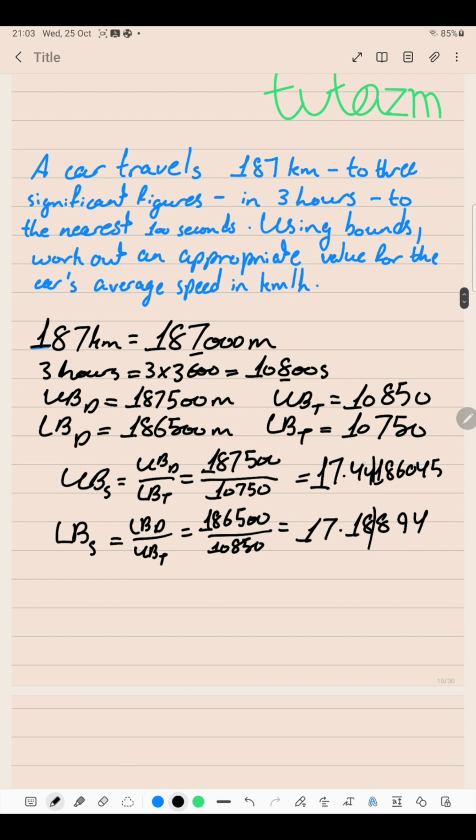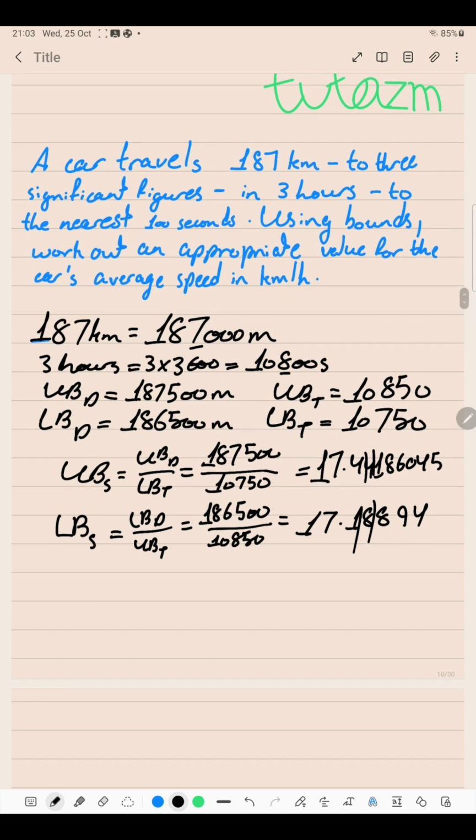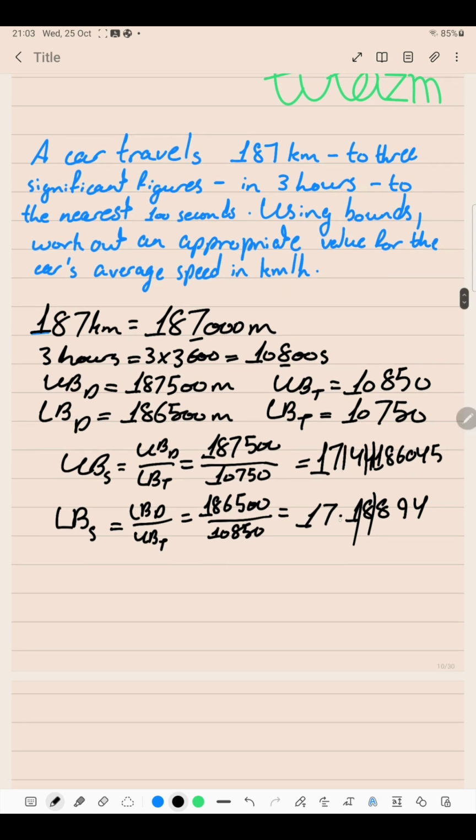And if we look at 1 decimal place, we get 17.4 and 17.2, still not quite the same. But if we look at two significant figures, we get 17 and 17. And that is the first rounding that gives the same value for both the upper bound and the lower bound.